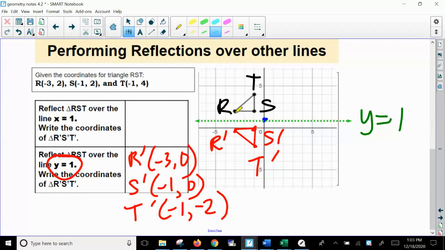Point R was only 1 block above the line of reflection, so it's going to be 1 block underneath. Same thing with point S. Point T was 1, 2, 3 blocks above the line of reflection, so underneath the line, I had to go 3 blocks under for point T.